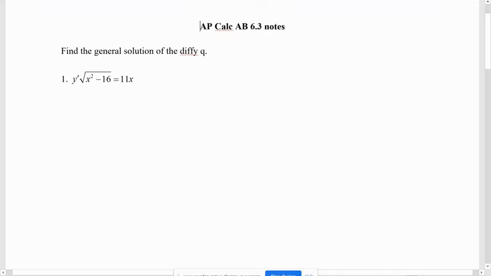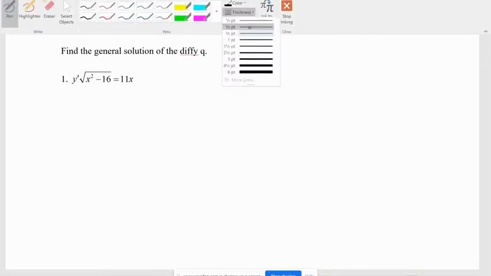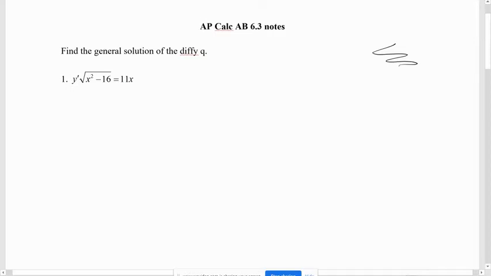So our first lesson is section 6.3, and we're going to find the general solutions for some differential equations, and we've done this already before, but I'll go through the notes just to remind you how to do these. So the first thing I'm going to do on this problem is kick the x squared minus 16 over to the other side.